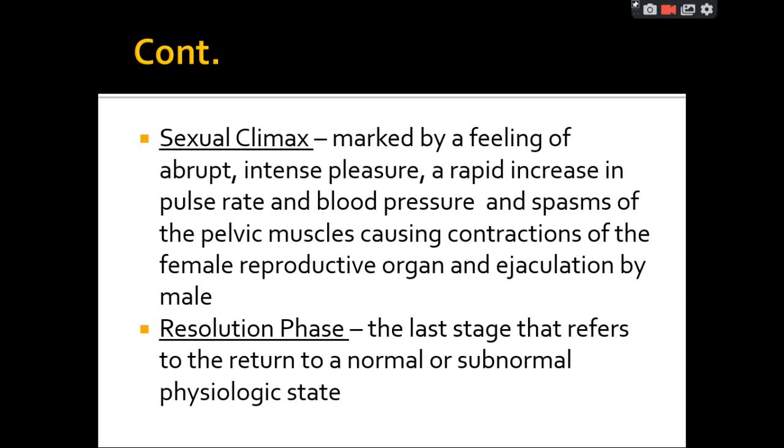But for male, after the sexual climax, it will eventually lead to the resolution phase, which is known as the resting phase. Okay, so this is the last stage, and it refers to the return to a normal or subnormal physiologic state.